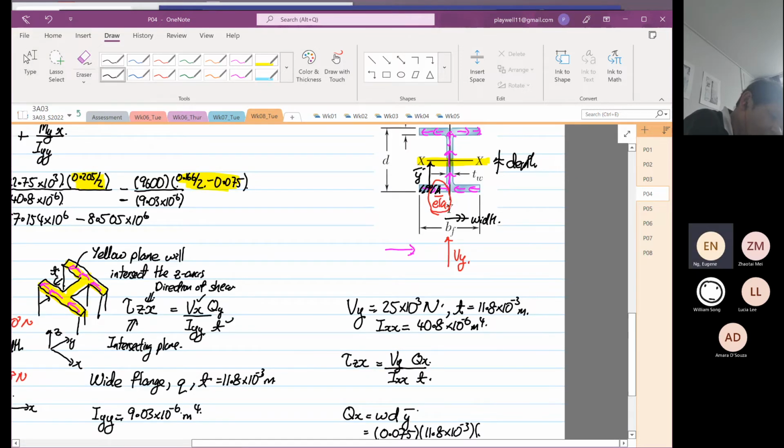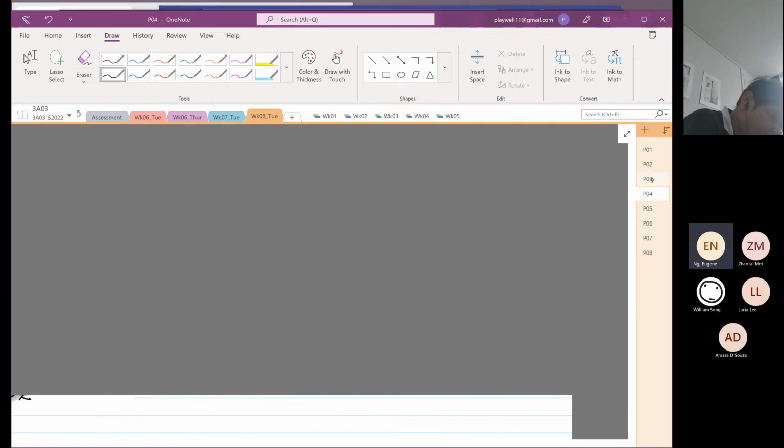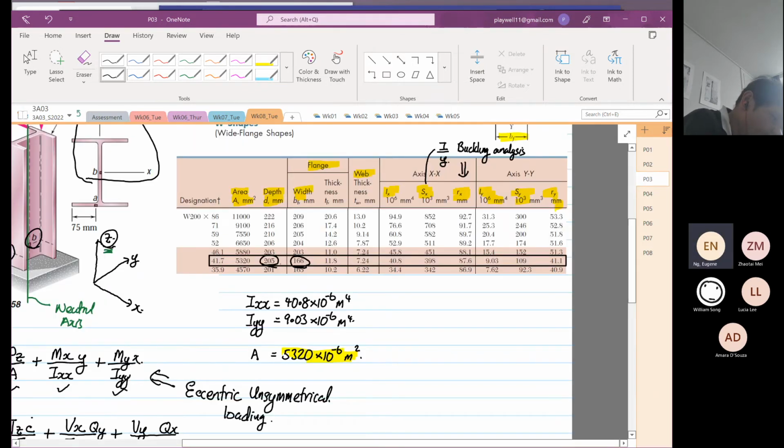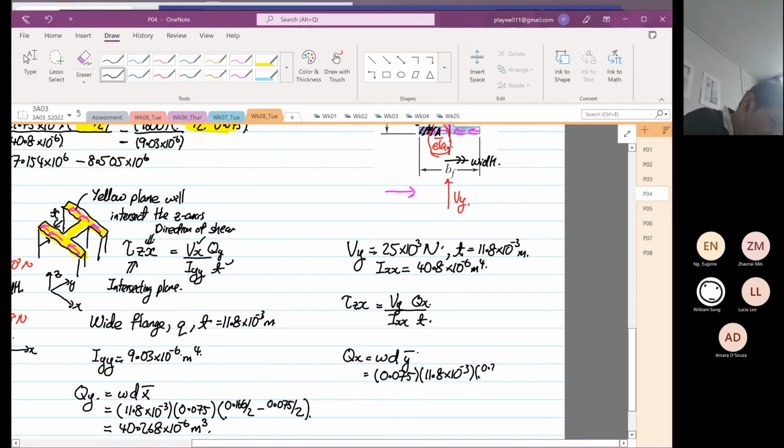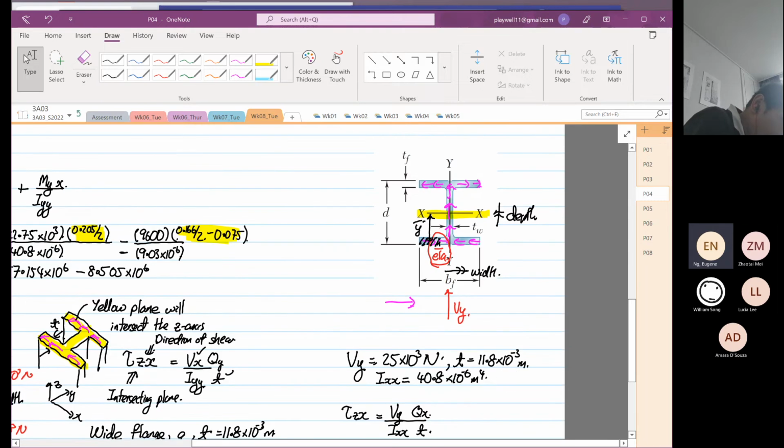Okay, so we need to find D. So we look at the table, the D value is 0.205. Okay, so 0.205 divided by 2 minus 11.8 times 10 to the power minus 3 divided by 2. Now, why is that? Okay, so we know the distance from here to here, right?